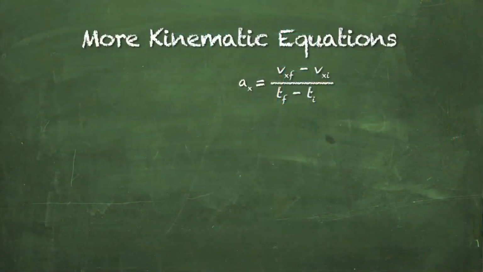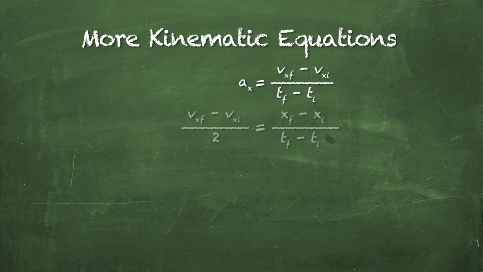We can take our two kinematic equations that we have so far and make more kinematic equations. The two kinematic equations that we have so far are Ax is equal to (Vx final minus Vx initial) divided by (t final minus t initial), and (Vx final plus Vx initial) divided by 2 equals (x final minus x initial) divided by (t final minus t initial).